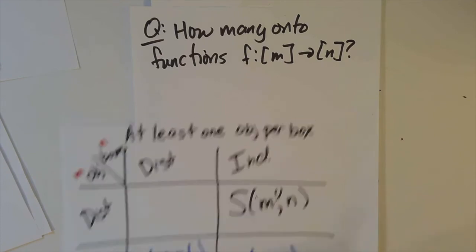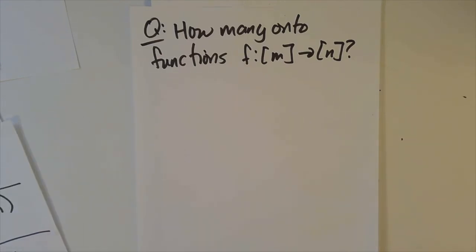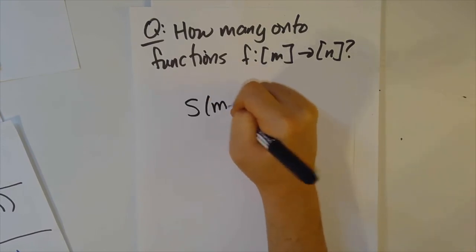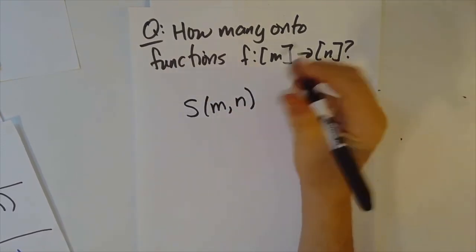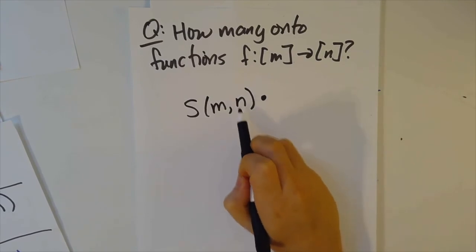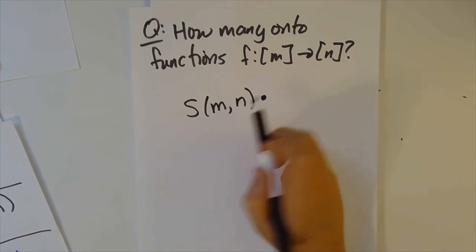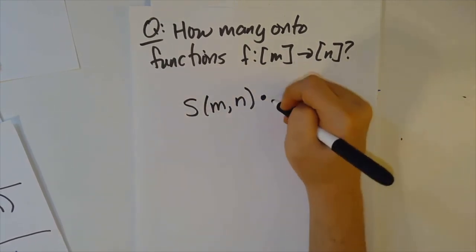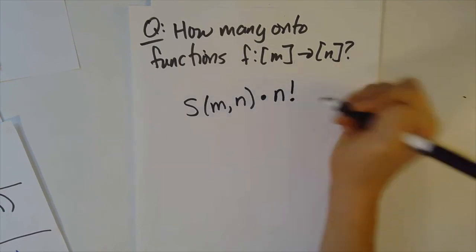And so what that means at the end of the day is, either way you look at it, I can answer this question by starting with S of m n and multiplying this by the number of ways to either label the buckets from 1 to n, or if you want, assign the buckets to the n elements from 1 to n, which means that you're going to get this times n factorial.